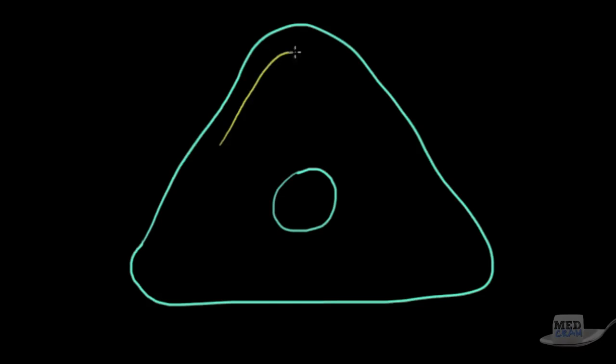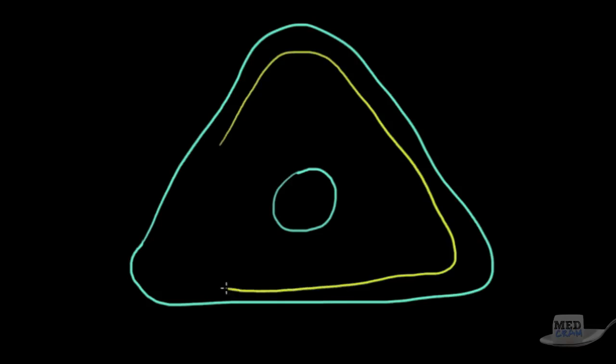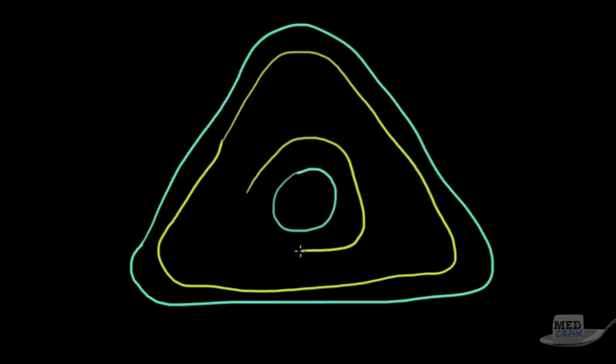There's the outer layer, and then there's an inner layer. And the part that gets left over is the middle layer. So there's three layers basically, and those three layers of course have a name.